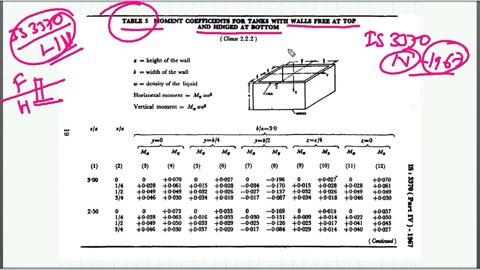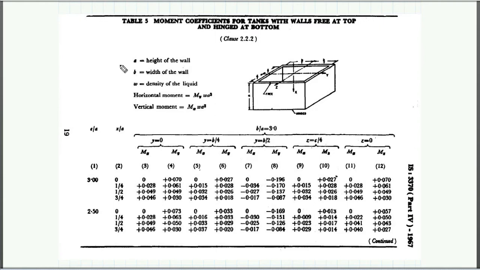So I have given only this table 5 of the IS-3370, from which we can find out the moment coefficients for this particular water tank, where the walls are free at the top and hinge at the bottom. Now in this particular code, there are certain symbols they use.